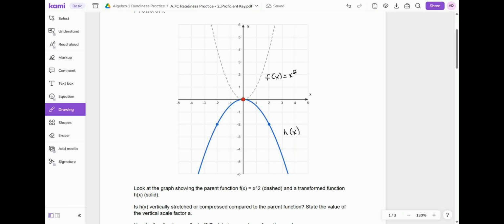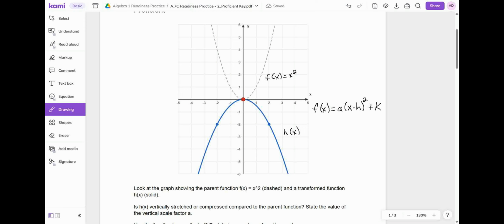First, is h of x vertically stretched or compressed compared to the parent function? All right. And then we need to state the value of the vertical scale factor. So let's talk about what we're typically doing. We'll leave it like this: f of x equals a times (x minus h) squared plus k. Each of these letters, the a, the h, and the k, they do things for us.